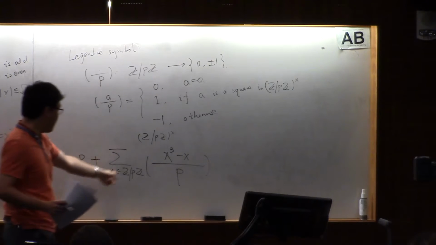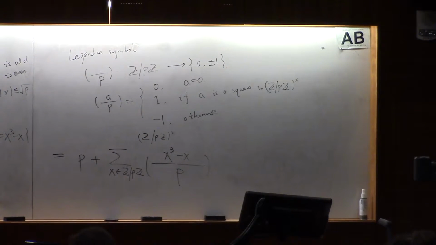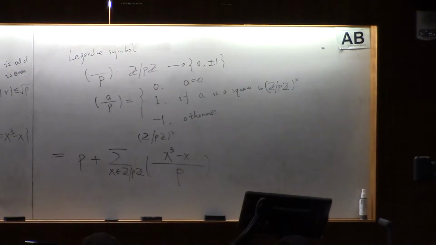It tells you that the absolute value of this sum is less than or equal to 2 times the square root of p. So in this remark, we try to write the number of solutions of an equation in terms of a sum of some characters. And in the following example, this trick will be used several times.